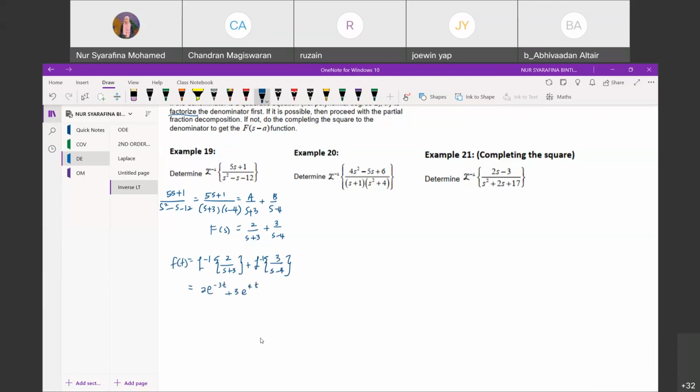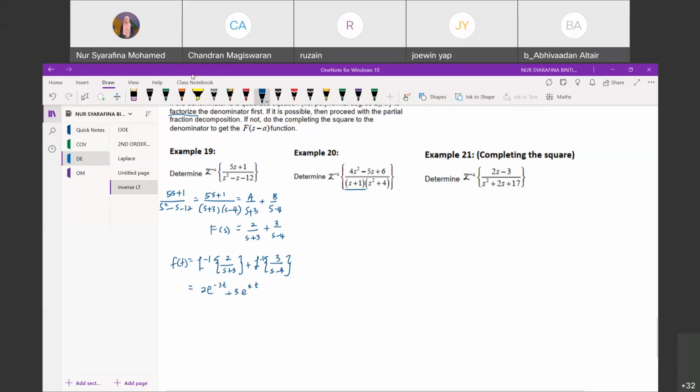Okay, when the function cannot directly be mapped to the table or properties, you have to simplify or factorize. You use your partial fraction, and then you can again try to inverse. All right, so this is how you do it. Okay, try second one. So this s plus 1 is a linear factor.